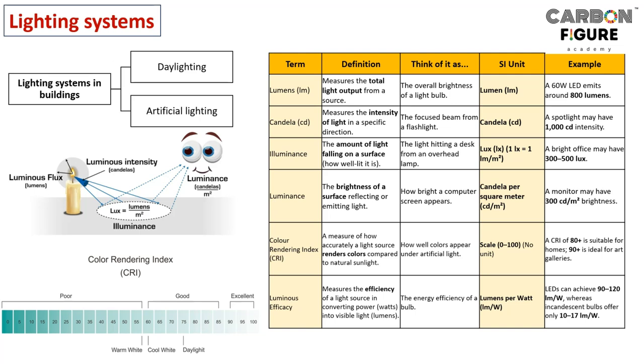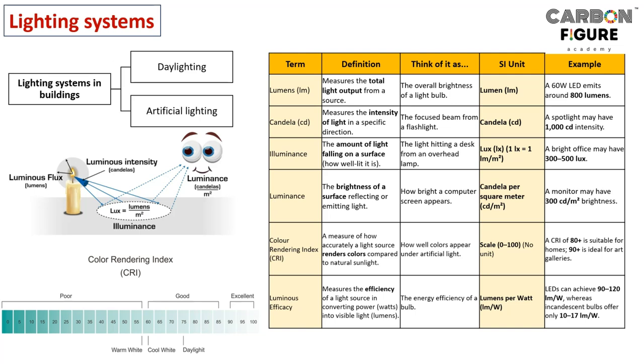Then color rendering index is a measure of how accurately a light source renders colors compared to natural light. That is the threshold. We have a scale between 0 to 100, no unit for this color rendering index, that you should understand. A CRI of 80 plus is suitable for homes, 90 plus is ideal for art galleries, right? You may understand based on that example.